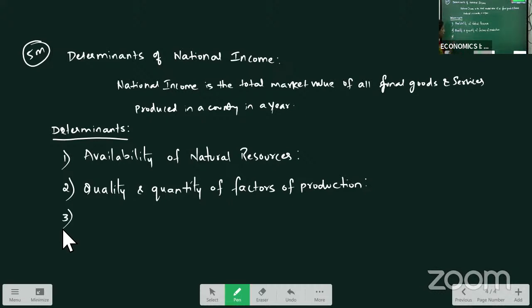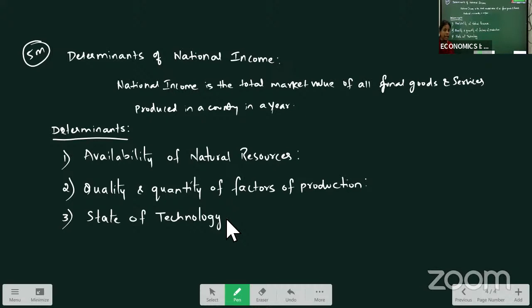And next factor which is determining is state of technology. What technology are we using in our country? For example, if in our country we use the advanced technology, obviously production increases. When production is high, national income will be high. When production decreases, national income decreases. Production is dependent on technology.